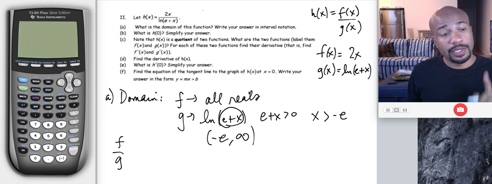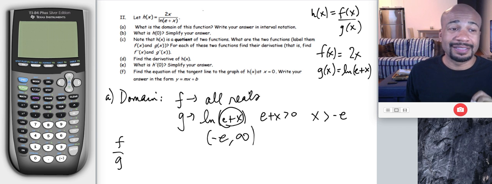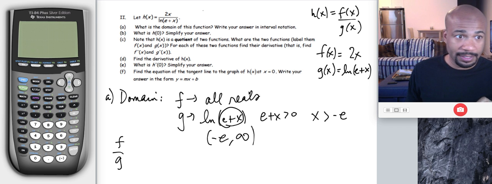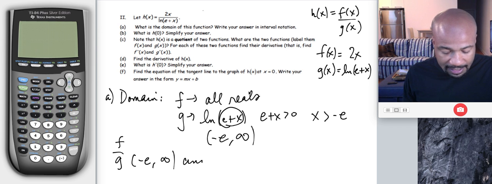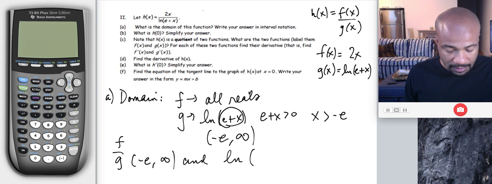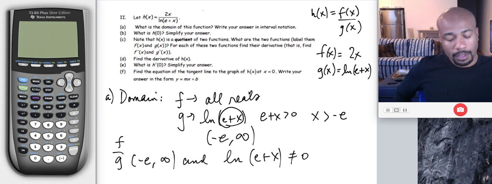But we also must be concerned that because it's f divided by g, I must make sure that g does not equal 0 either. So I have negative e, and the natural log of e plus x does not equal 0. So now I have to take care of this down here.